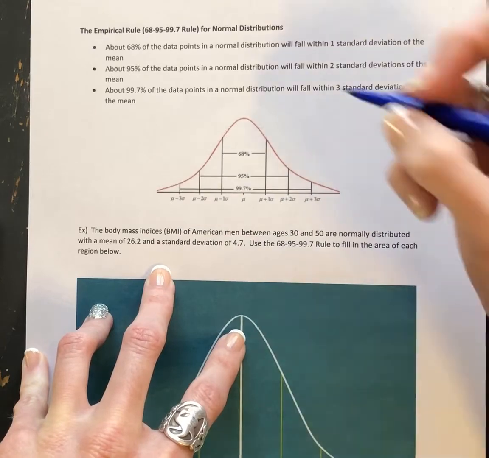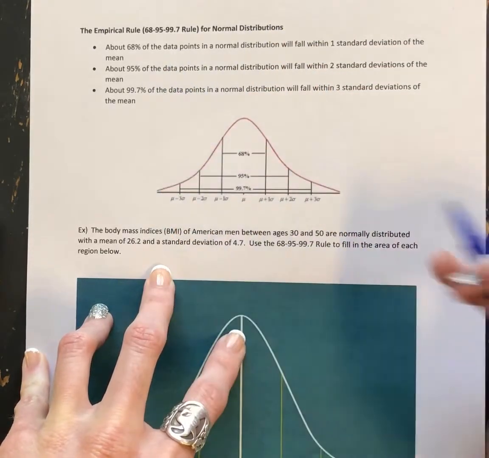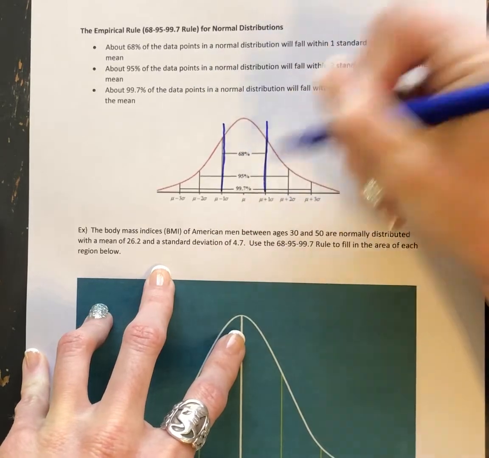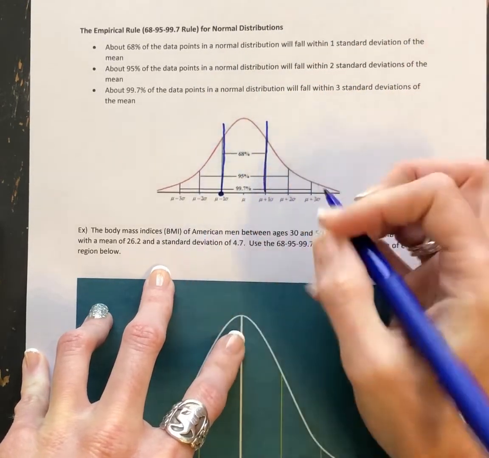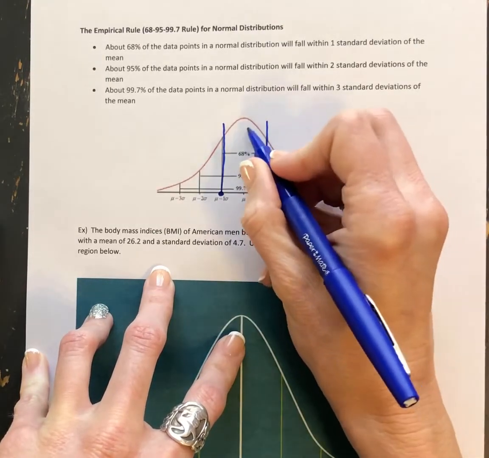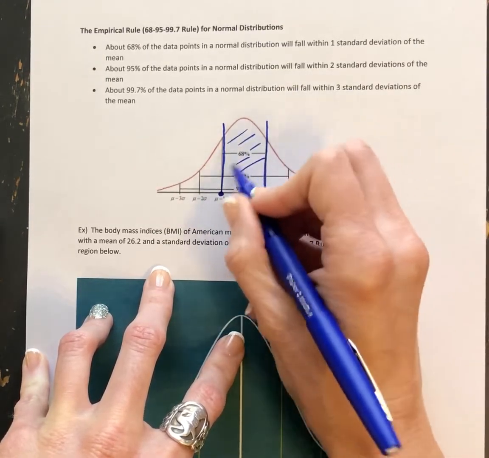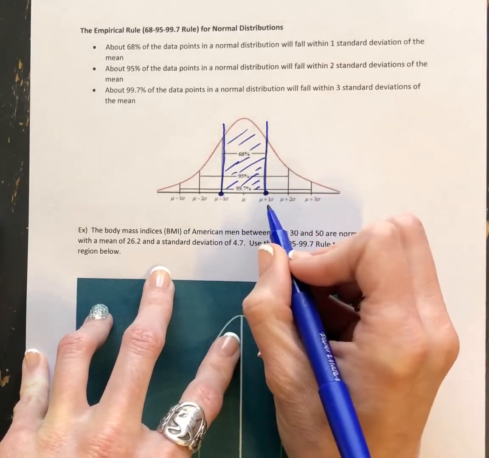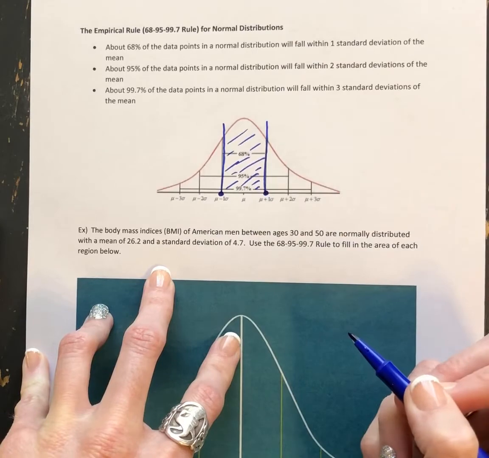And we've just got things labeled. So that first property tells us that if we look here, within 1 standard deviation below the mean to 1 standard deviation above the mean, that area between 1 below and 1 above is about 68%.